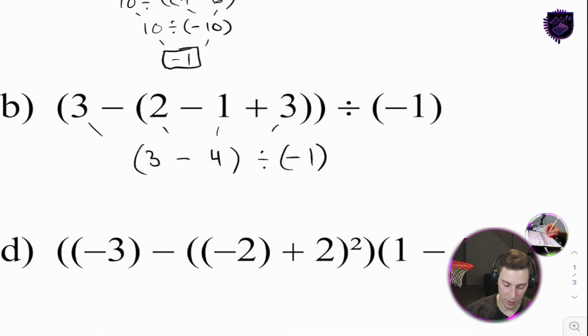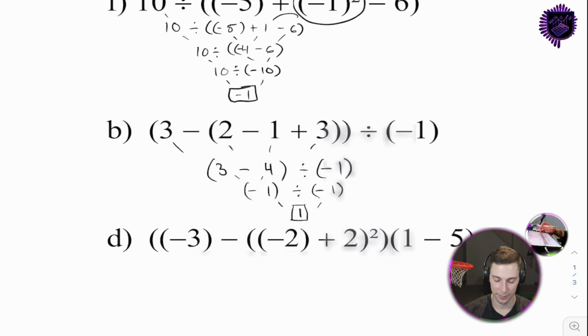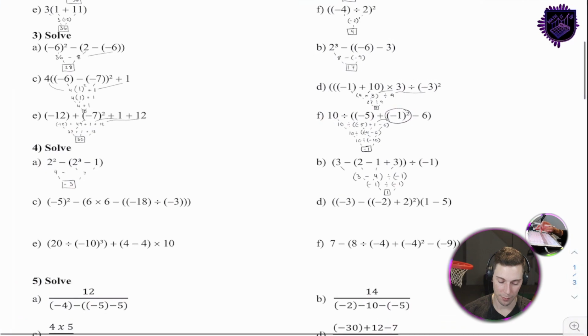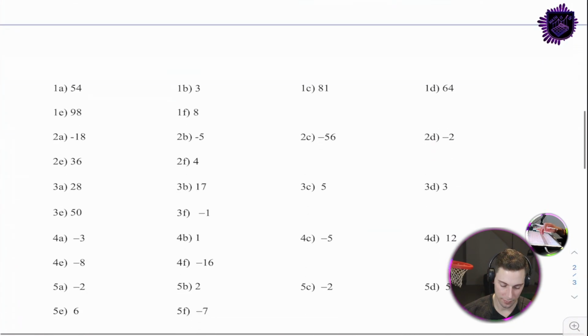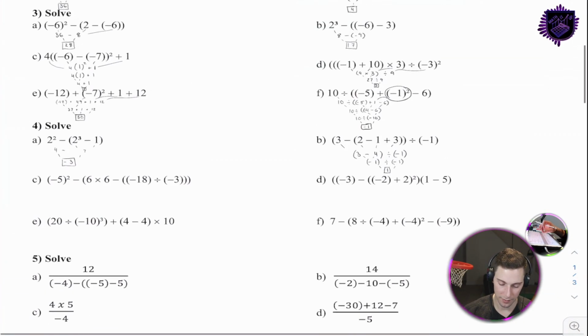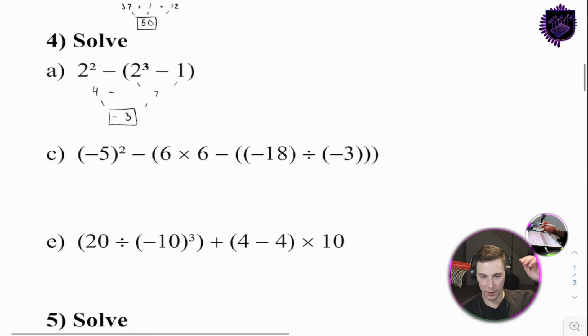So negative 1, right? 3 minus 4 is negative 1 divided by negative 1 is going to equal positive 1. 4b, 1.